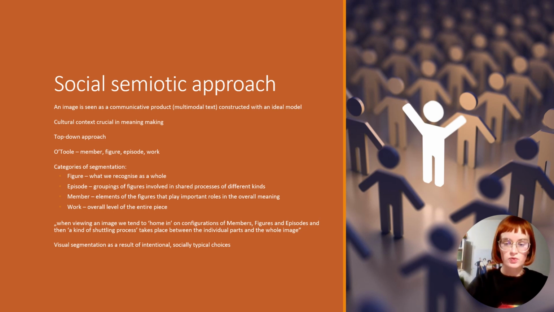O'Toole has distinguished 4 categories of these divisions: member, figure, episode, and work. So figure is what we recognize as a whole in an image. Episode is a grouping of figures involved in shared processes of different kinds. Member is an element of the figure that plays important roles in the overall meaning.